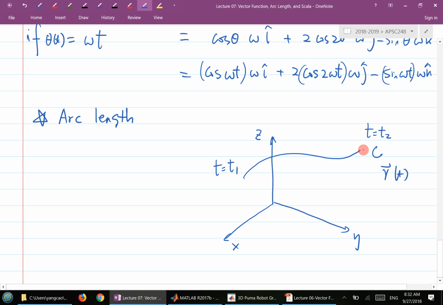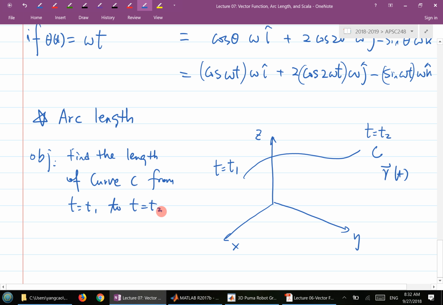It's a curved curve, and you don't have the luxury to just straighten it out and measure it. How do we calculate this mathematically? Basically, the total length of this curve C is called the arc length. So the objective here is to find the length of curve C from t equal to t1 to t equal to t2.